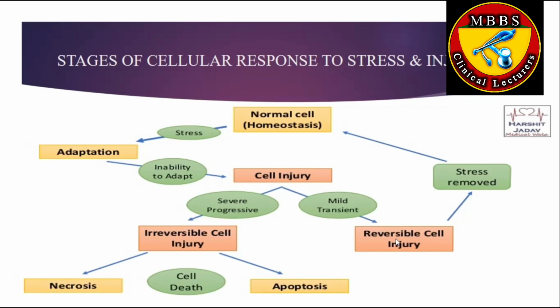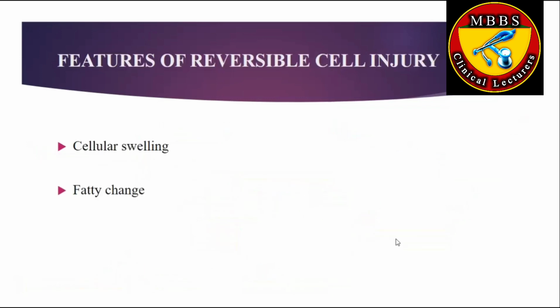Basically, there are two important features which I want to discuss of reversible cell injury. First is cellular swelling and the second one is fatty change. Cellular swelling basically is the result of the failure of the energy dependent ion pumps in the plasma membrane, and is sometimes called hydropic change or vacuolar degeneration.